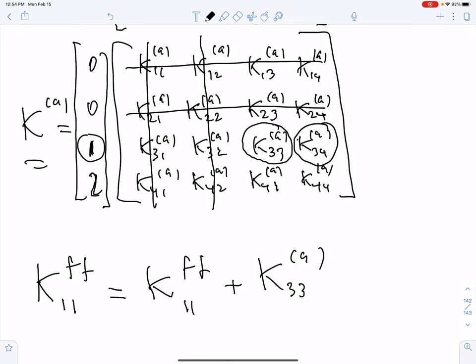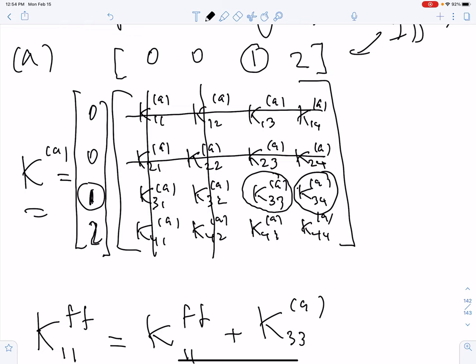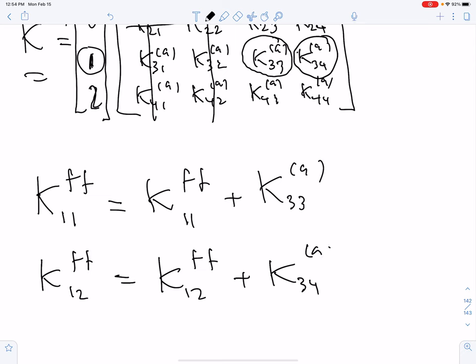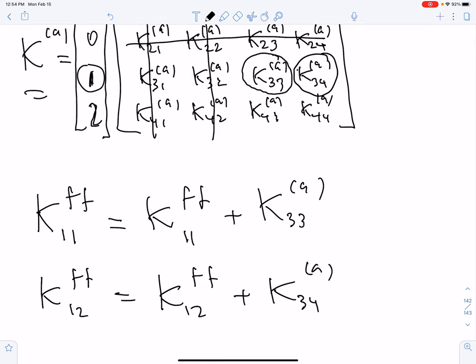Let's look at K34. Where does that go? The row number is 1. The column number is 2 now. So KFF 1, 2 is whatever it had in it before plus K34 of A. Look at K43.